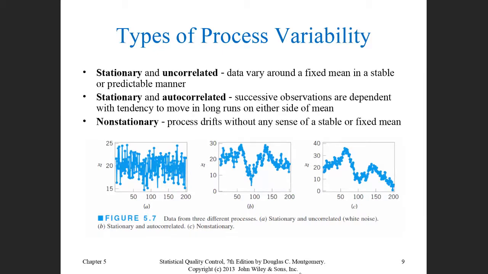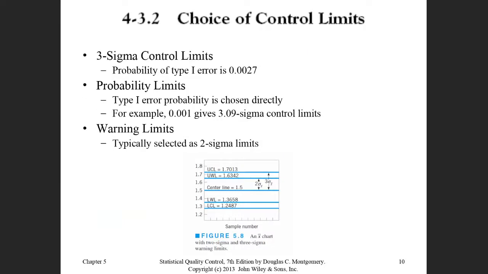It is very important, and you need to know the difference between them. The choice of control limits: in this course, we will deal with the typical 3 sigma control limits.